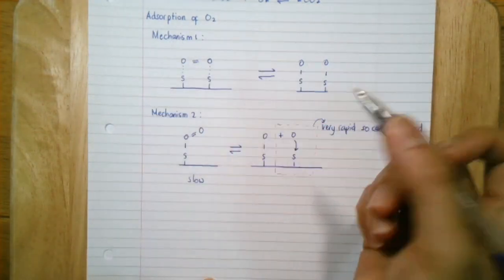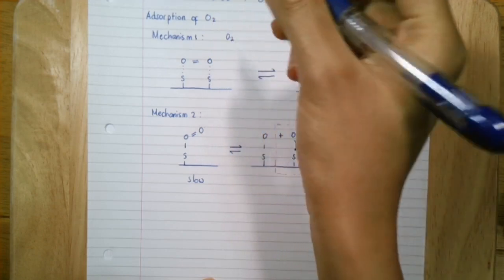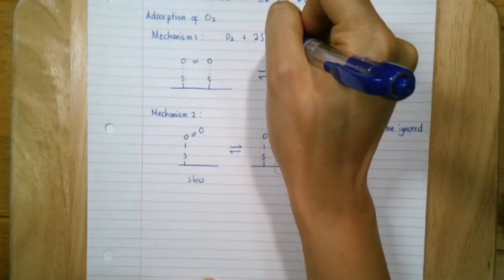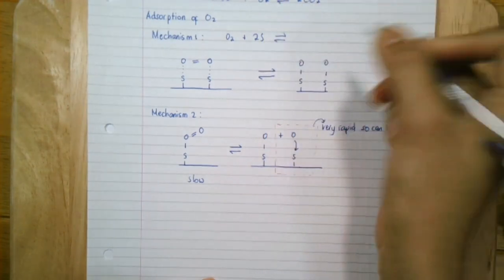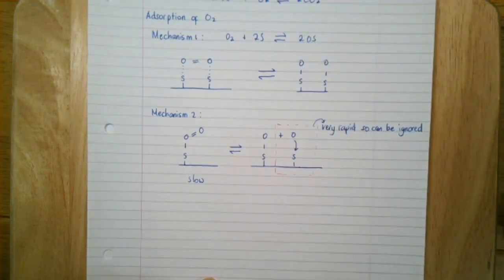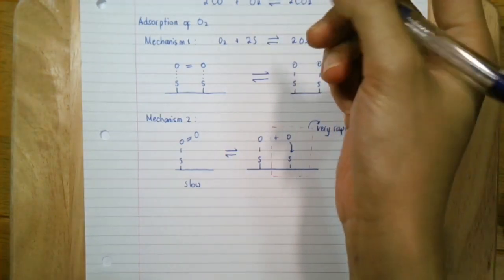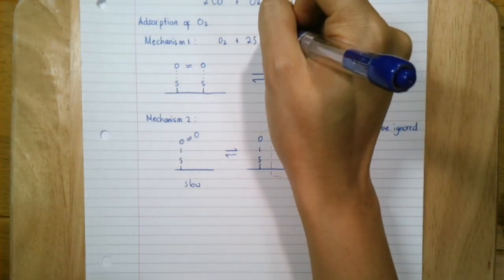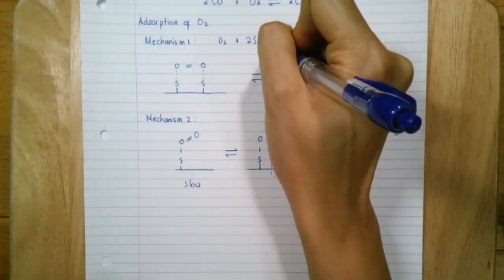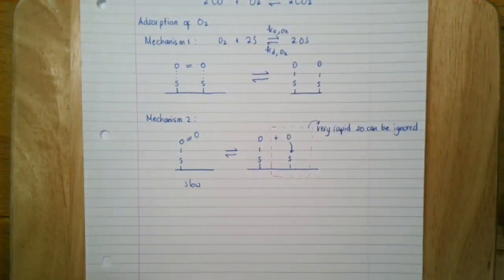For this mechanism, we can write O2 plus 2S reversibly goes to 2OS. Okay, so the rate constant of the forward step we can write as KaO2, and the backward step is KdO2.